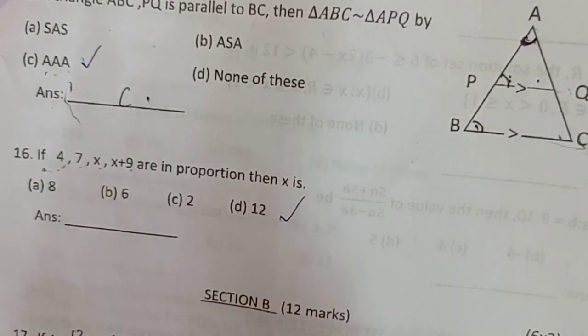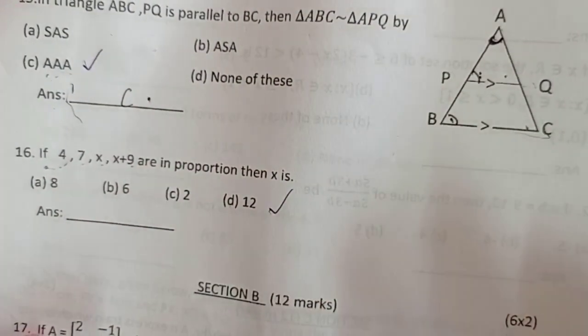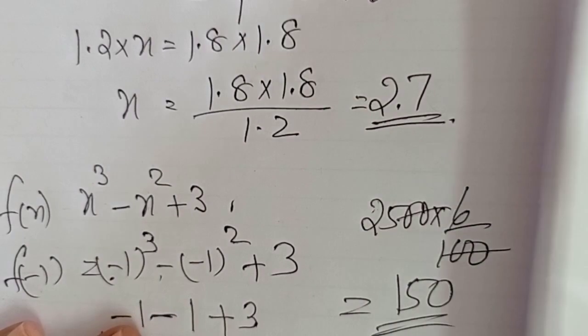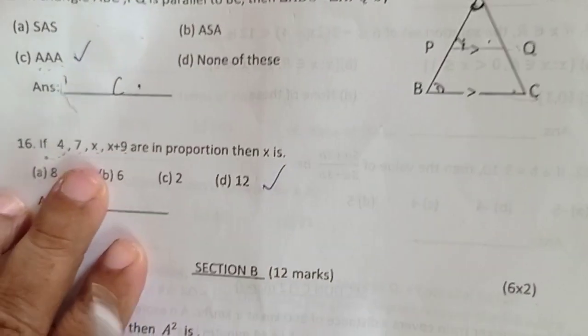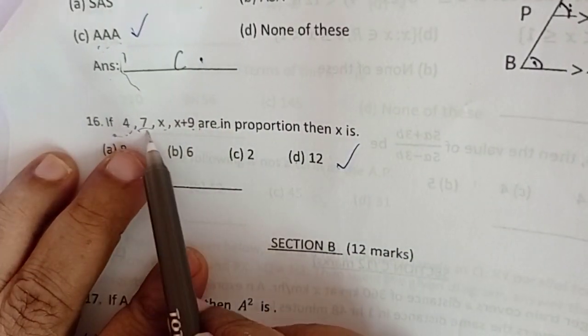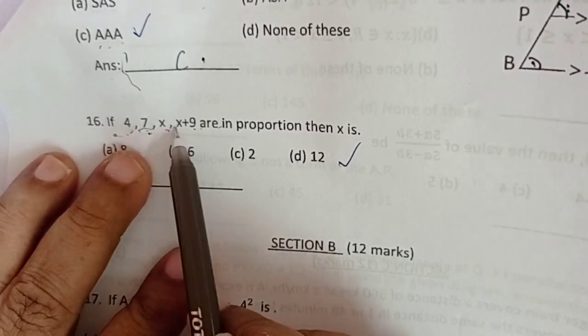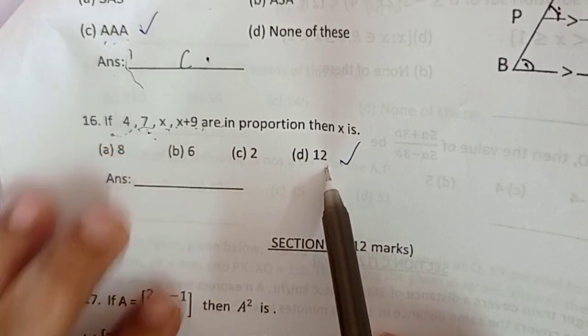Proportion means A is to B proportional to C is to D means A into D equal to B into C, product of the extremes. Here when you take product of the extremes, 4 into x plus 9 equal to 7x, isn't it? 36 equal to 3x means x equal to 12.